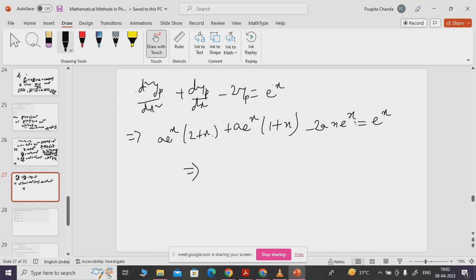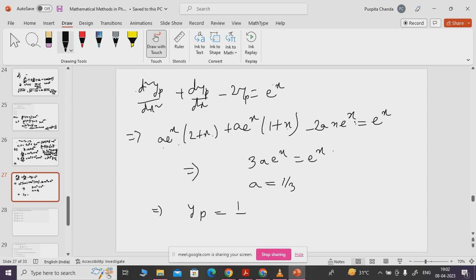So the term x into a e to the power x, and here it is x into a e to the power x minus 2a x e to the power x, it will be 0. So we will have only 3a e to the power x, which is equal to e to the power x. To satisfy this, a should be 1 by 3.